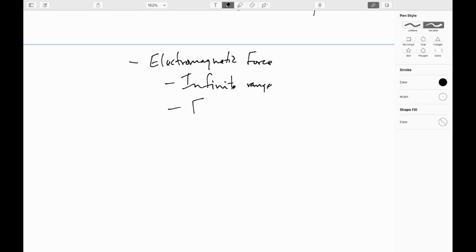And it's pretty strong. Not quite as strong as the weak nuclear force, but a lot closer to that than it is to gravity. It's significant over medium scales.